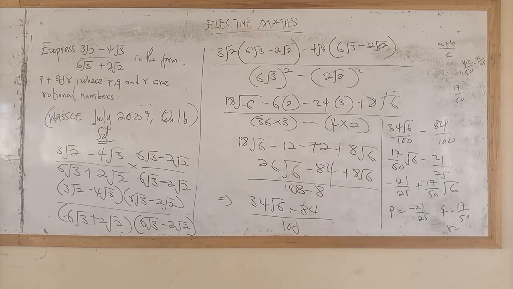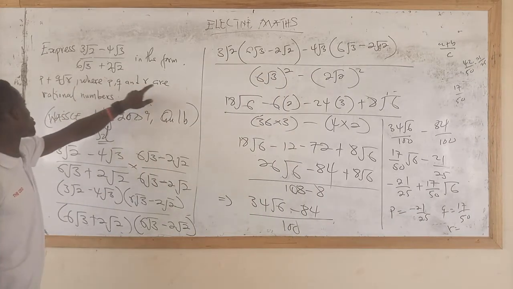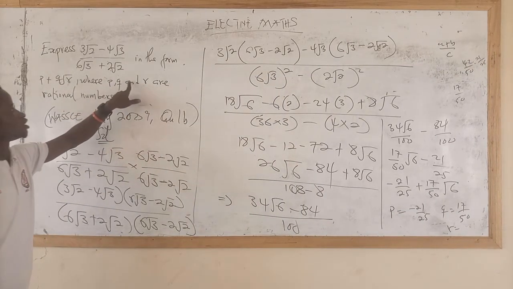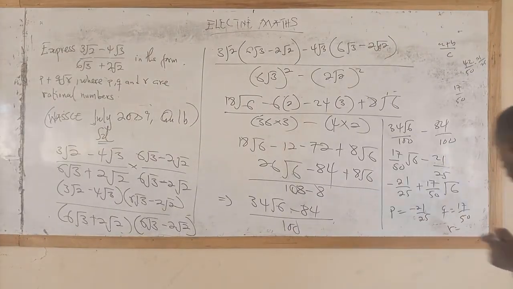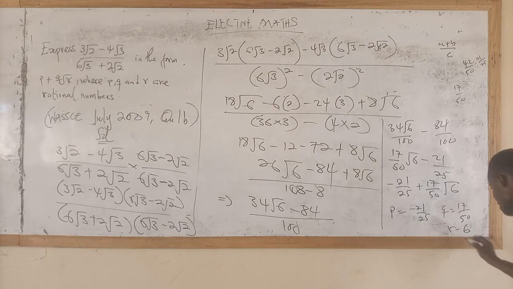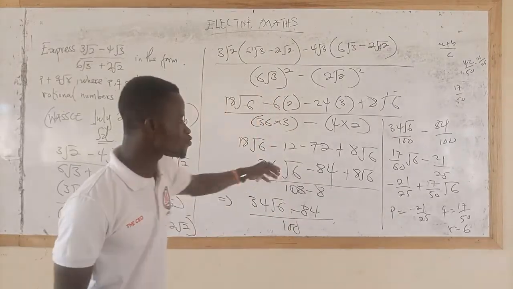That thing there is a mistake in the question. It's supposed to be where P and Q are rational numbers. Shouldn't add the R to it. The R is a whole number. So the R is 6. So if you're able to do this, then you get your full marks.